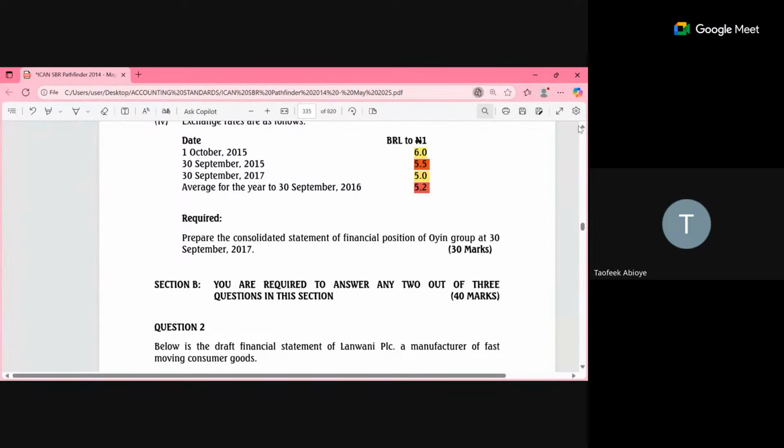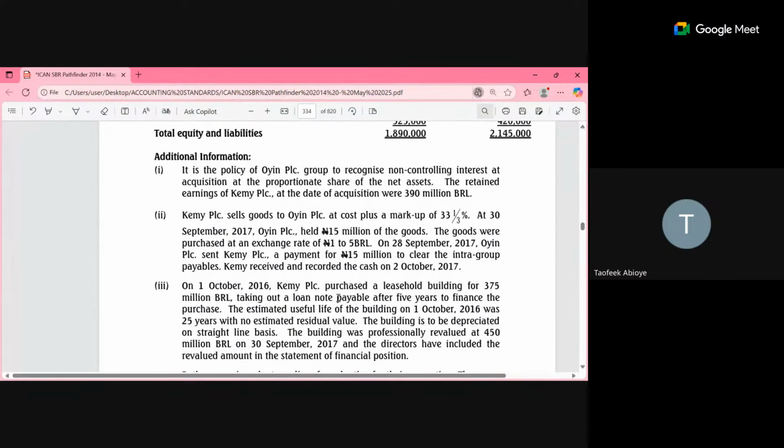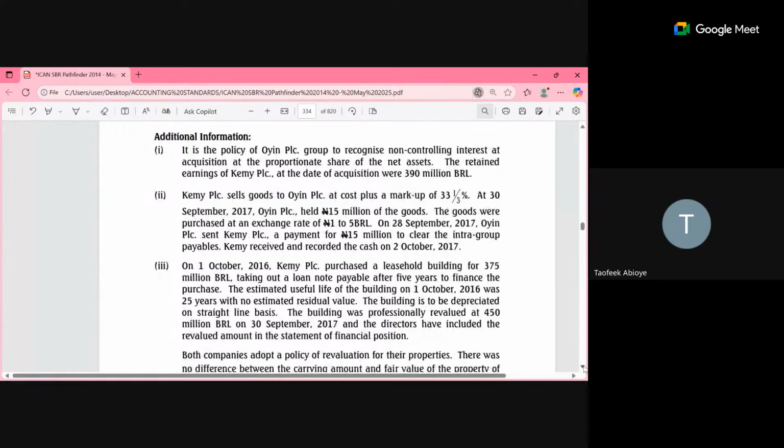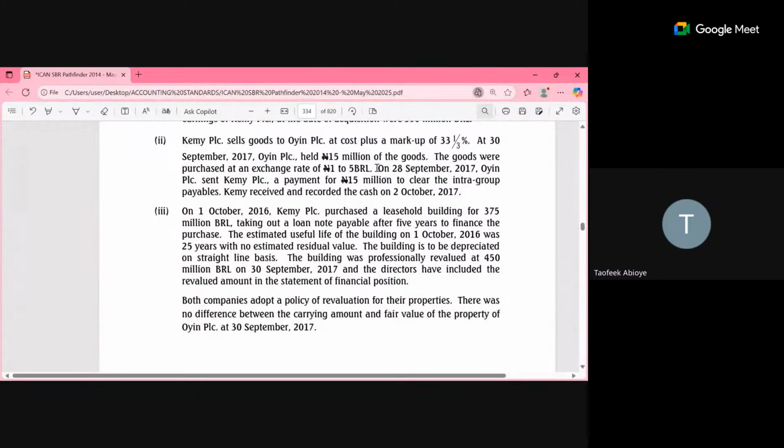However, Kemi received and recorded that payment when? After the date of consolidation. So this transaction will create cash in transit. That means one person has sent a payment while the other person has not recorded the payment as at the date of consolidation. The date of consolidation is September 2017.